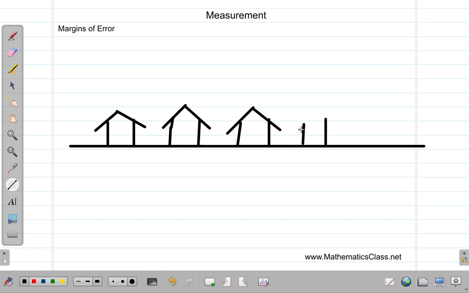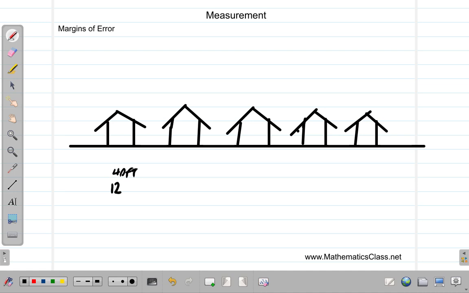Now, if, for example, the width or the length of one of these houses should be 40 feet. That's in imperial measurements. Let's say 1 foot is 30 centimeters.